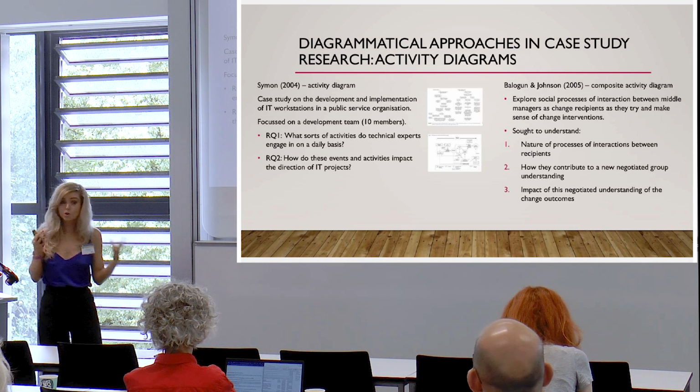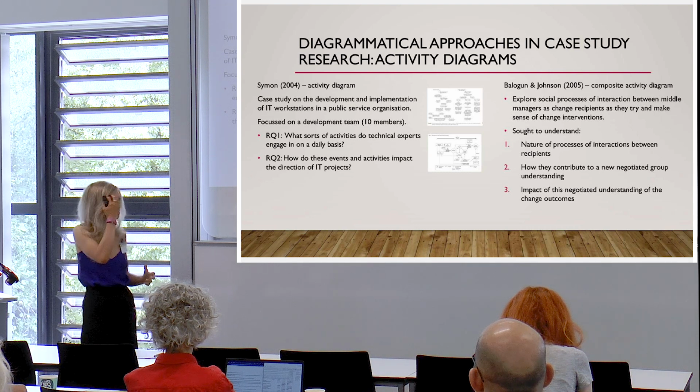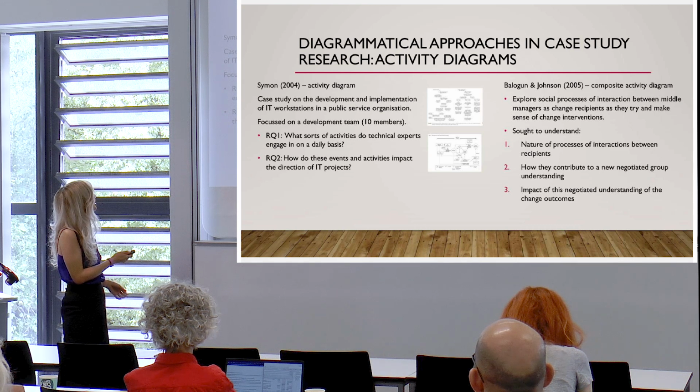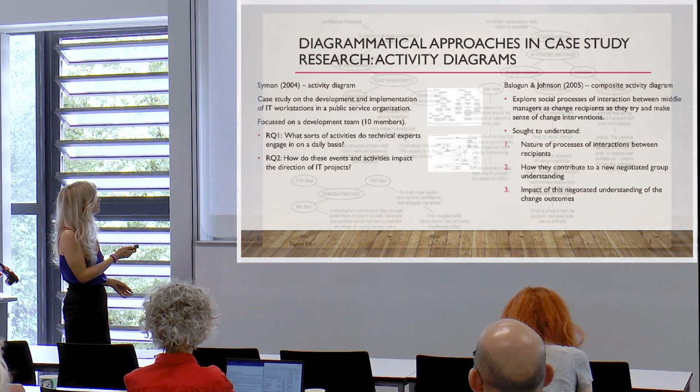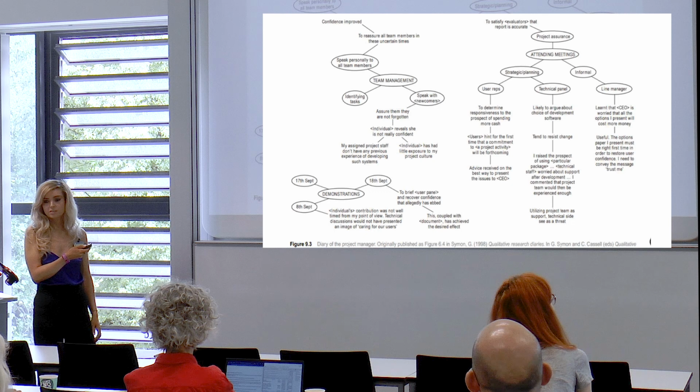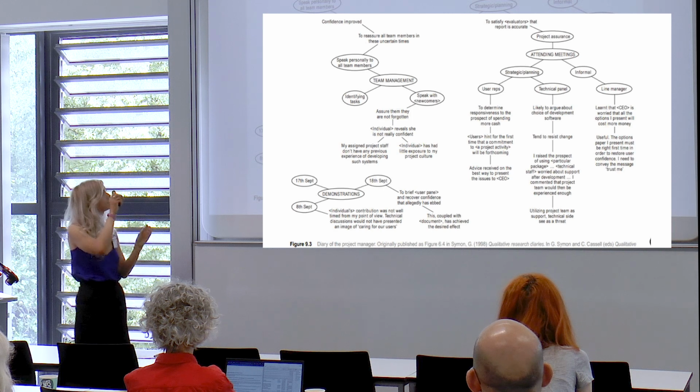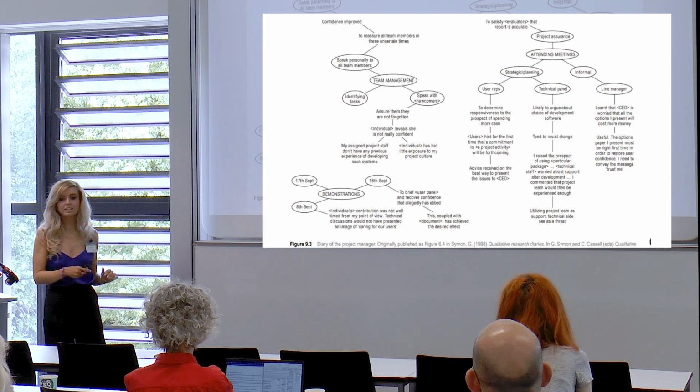Okay, it all depends on how you're using the diary. So she did activity diagrams as well. They're similar to mine in a way, but rather than doing it for each event, she's getting a general gist of activities.